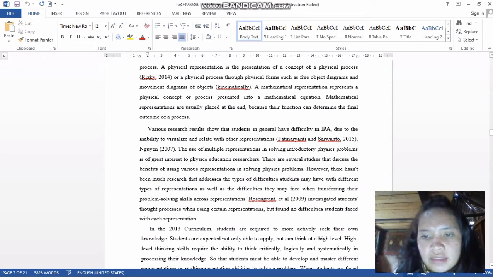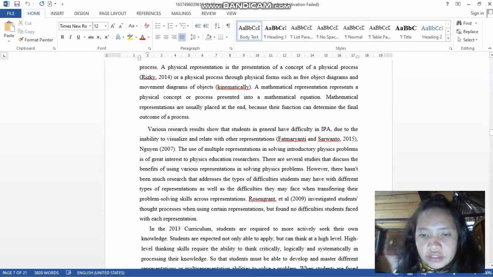However, there has not been much research that addresses the types of difficulties students may have with different types of representation as well as the difficulties they may face when transferring their problem-solving skill across representation.